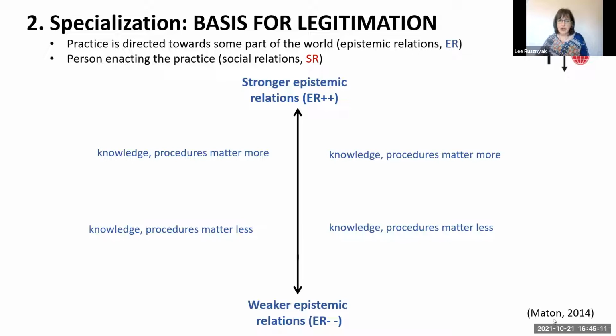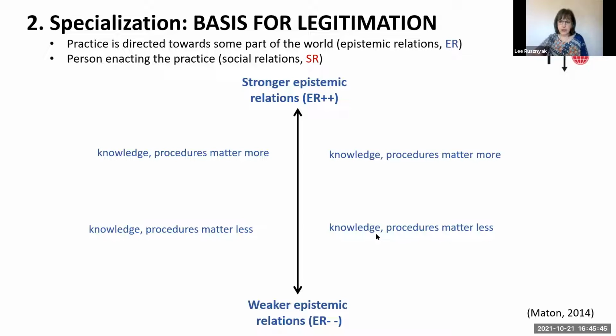So we've got a continuum of strengths ranging from stronger epistemic relations, where they matter a lot and are emphasized as the basis of legitimation, towards the top of the semantic plane, and where they are not emphasized as the basis of legitimation, the epistemic relations are weaker, and we find that towards the bottom half of the plane.